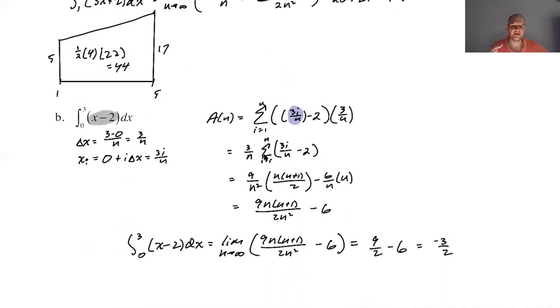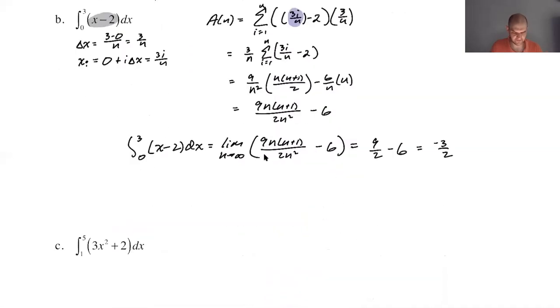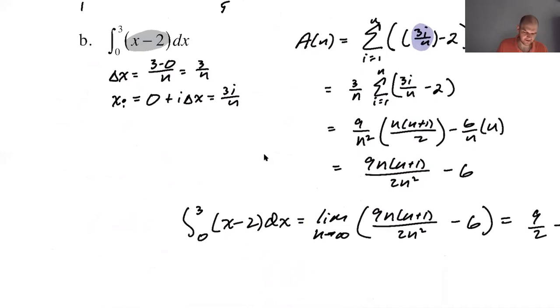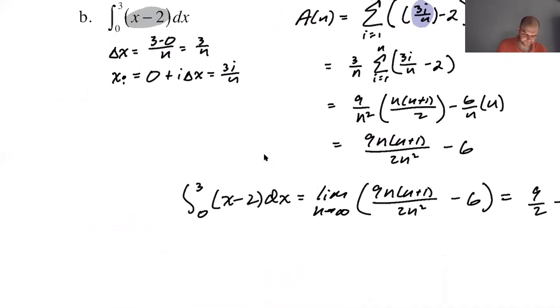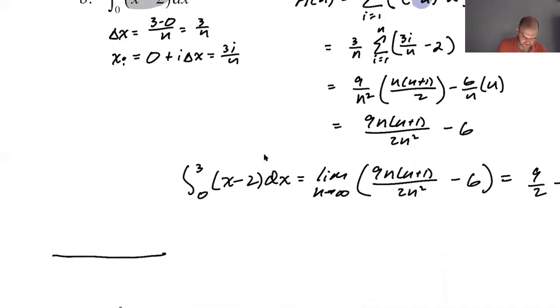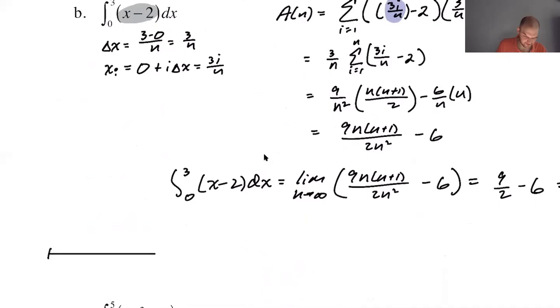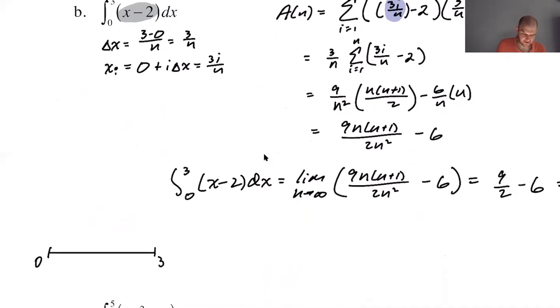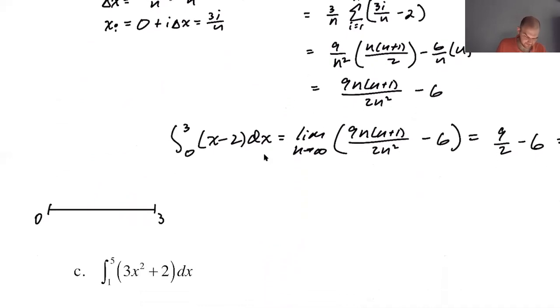So we got it. All right, while I'm here, I'm claiming that this is one of those weird trapezoid situations. So if you have your axis, and you're going 0 to 3, we're going to do 1/2 of 3. When you plug in 0, you get negative 2. So this is negative 2.